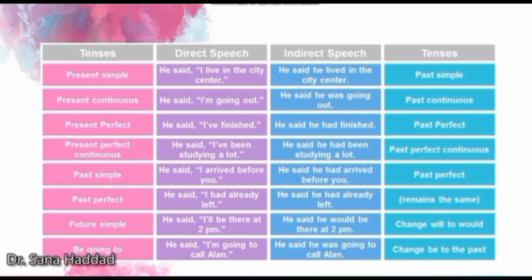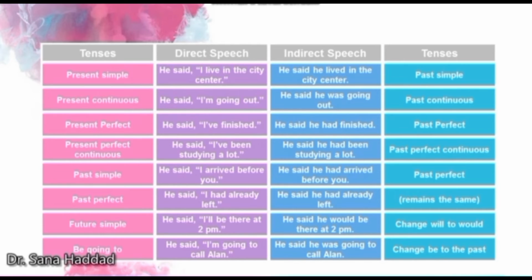If we have a sentence in direct speech using the past perfect, for example, he said, "I had already left." In indirect speech, it remains the same, so it becomes, he said he had already left. If we have a sentence in direct speech using the future simple, for example, he said, "I'll be there at 2 p.m."